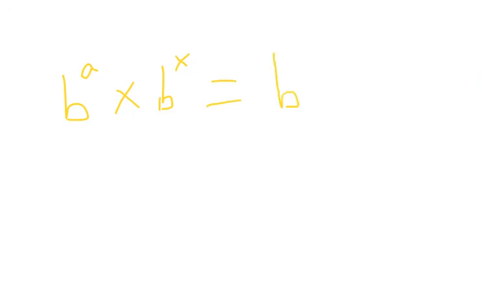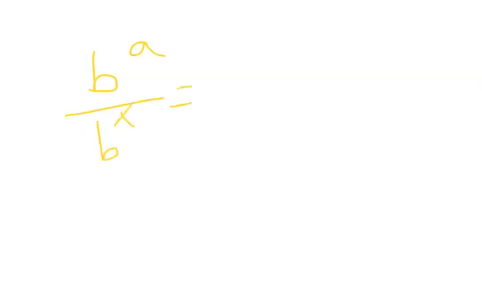So that is just equal to b to the a plus x. If you're doing division, b to the a over b to the x, that is just subtracting the exponents.